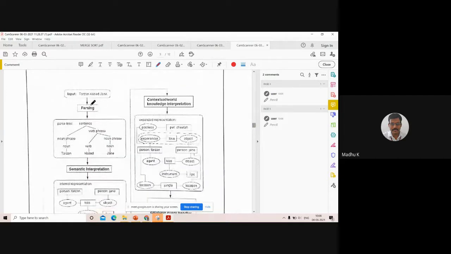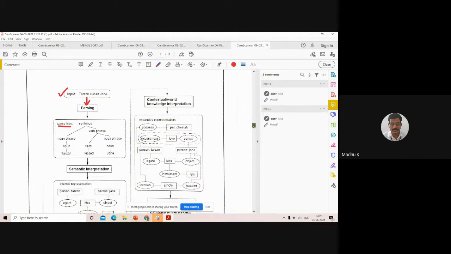You can analyze this example from the textbook. We are giving the input, Tarzan kissed Jane, to the parsing stage. It will convert it to a parse tree by using some parsing method.